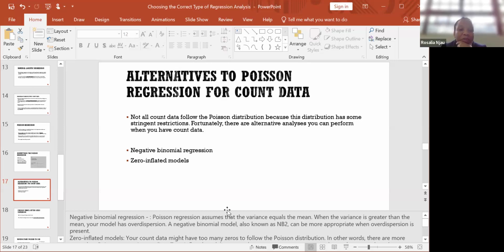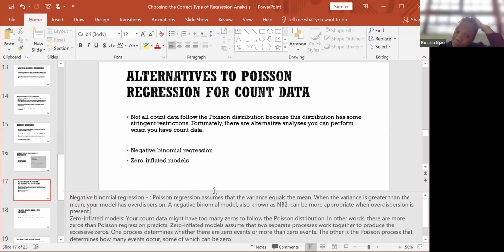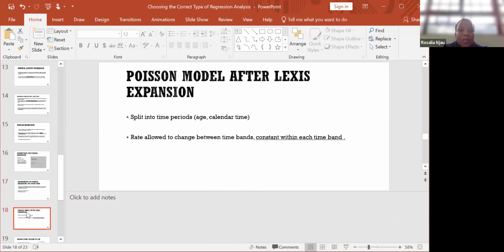For zero inflated models, your count data might have too many zeros to follow the Poisson distribution. In other words, there are more zeros than Poisson regression predicts. So there, zero inflated models would be appropriate.